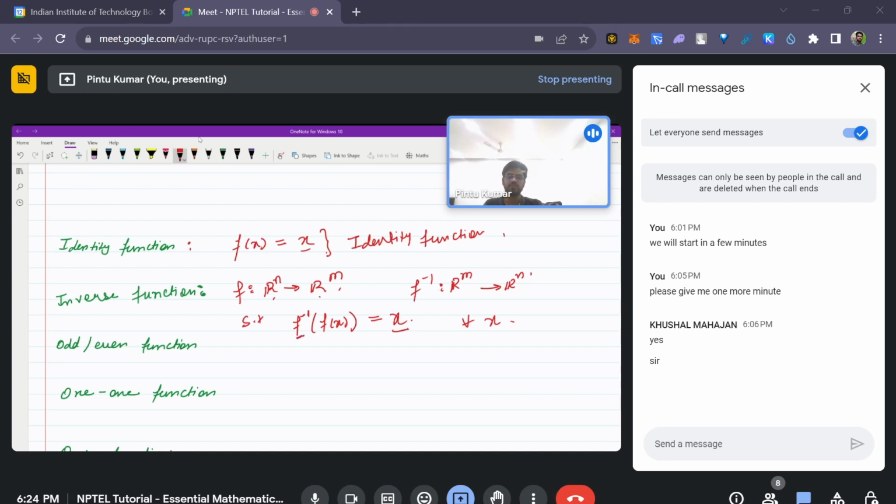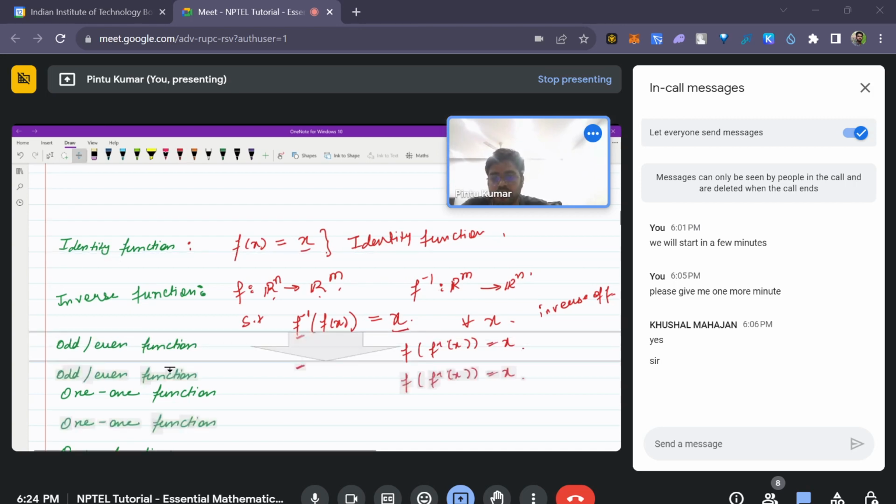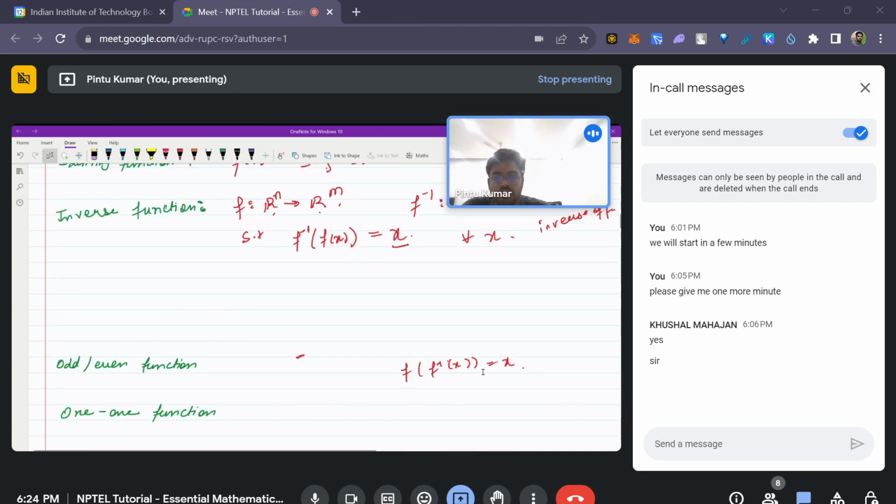Then your f inverse is called the inverse of f, and this should be true both ways. So it should also be that f of f inverse of x is equal to x. Okay, so this is the definition of an inverse function.